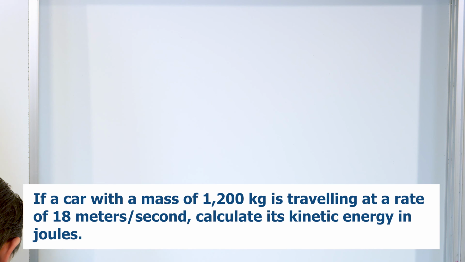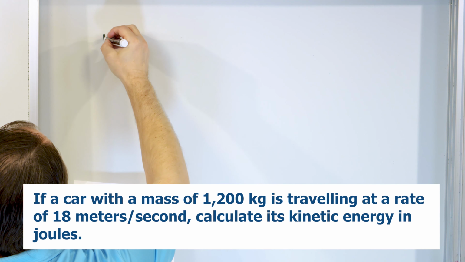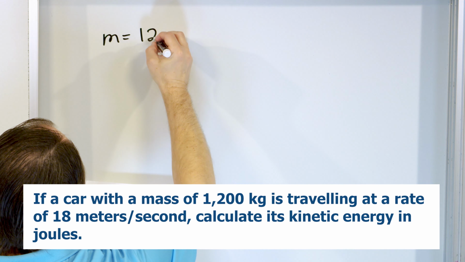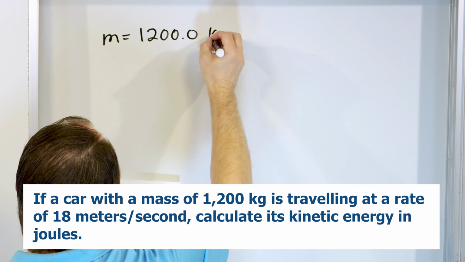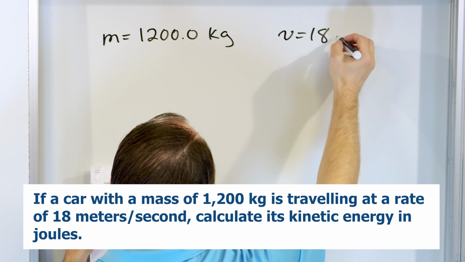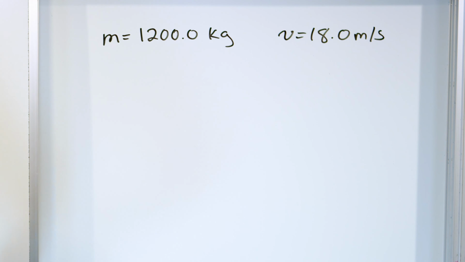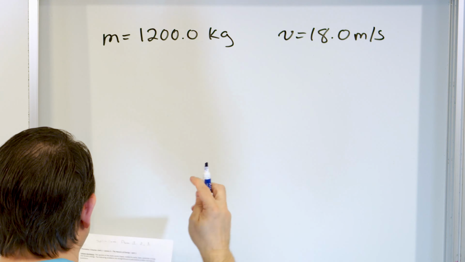So in our problem statement, it says that the mass of the car is 1,200 kilograms, and it's traveling at a velocity of 18.0 meters per second. So how do we calculate the kinetic energy? Well, it's a straight plug-in type of situation.